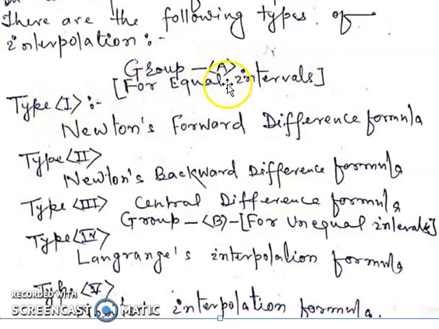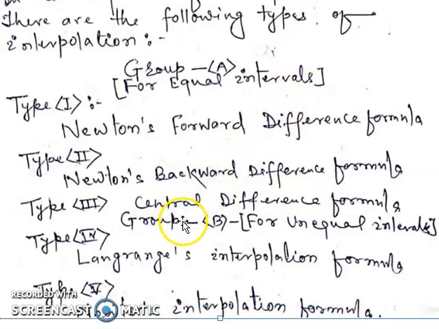For equal intervals, the first type is the Newton forward difference formula, the second is the Newton backward difference formula, and the third is the central difference formula. These three are the methods for finding the interpolation when we have equal intervals.